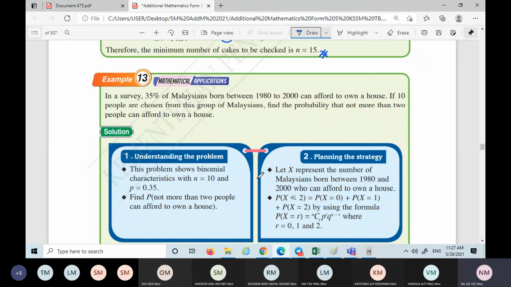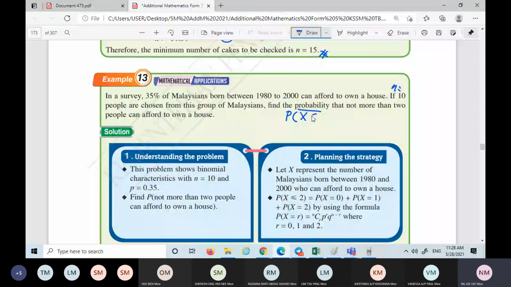10 people chosen from this group, so this is the n. Find the probability means they are asking for P. Not more than 2: more than 2 means 3, 4, 5.